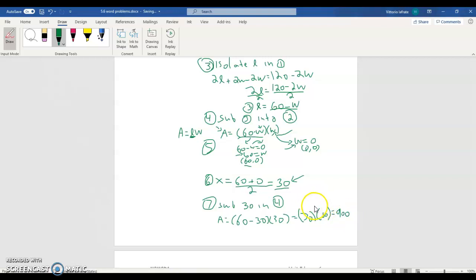So this is our vertex basically. What we found is that at a width of 30, we have our maximum area, which is 900.